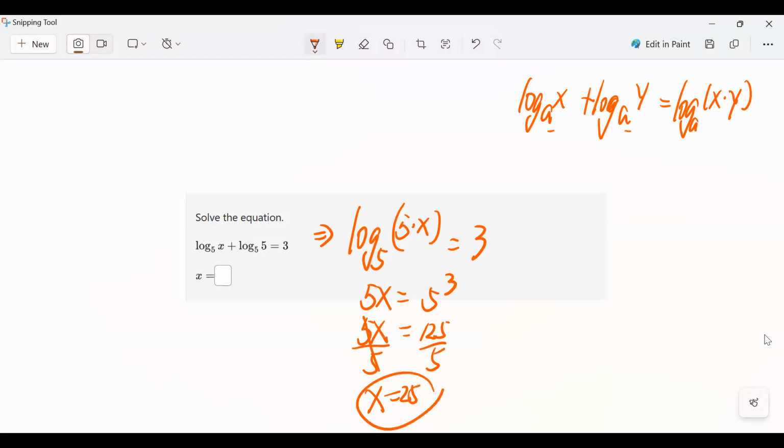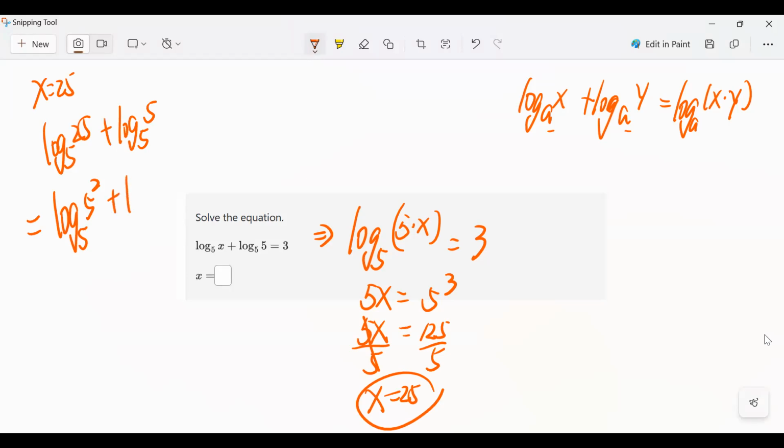And we can quickly check it, right? So x equals 25, and log base 5 of 25 plus log base 5 of 5. Log base 5 of 25 is log base 5 of 5 squared, right? And this is 5 to the first. Now, using the third property, the exponent comes out front.